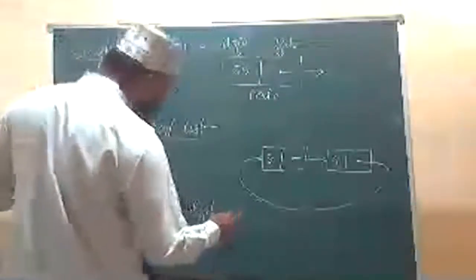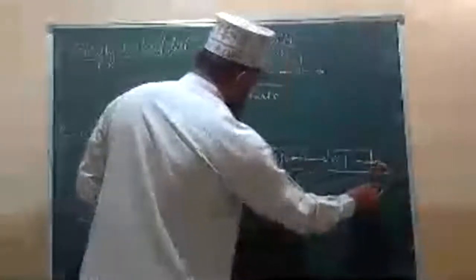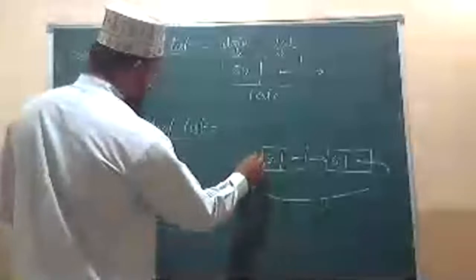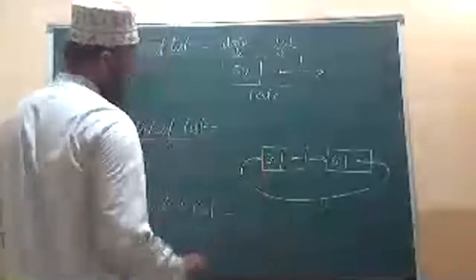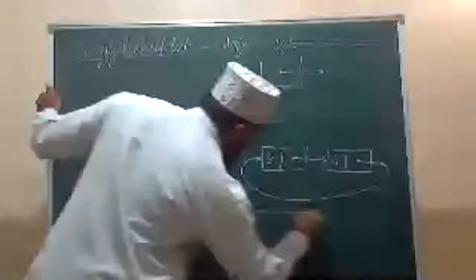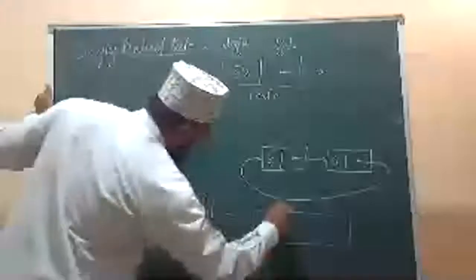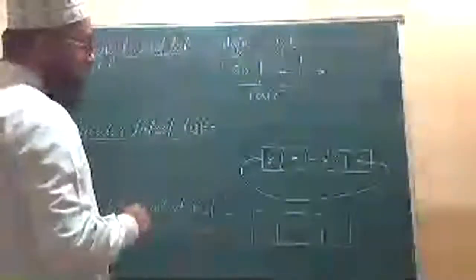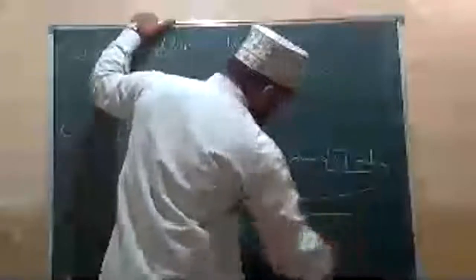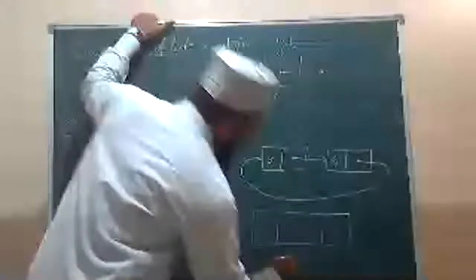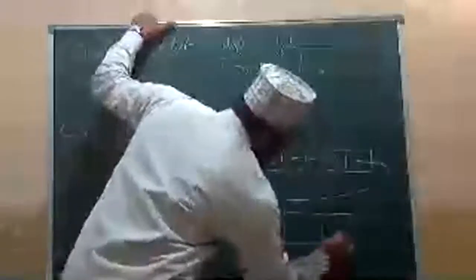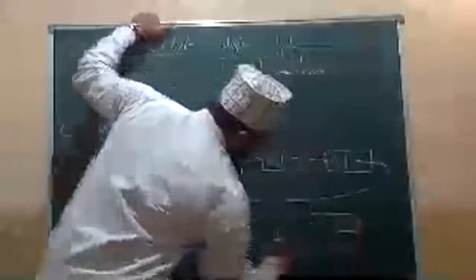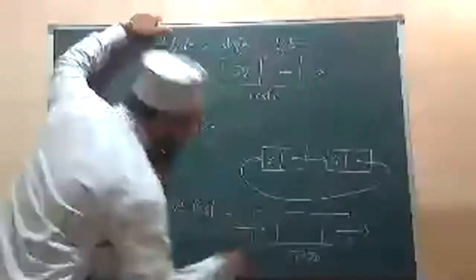A doubly linked list is a linked list in which each node is connected to its next node and to its previous node.